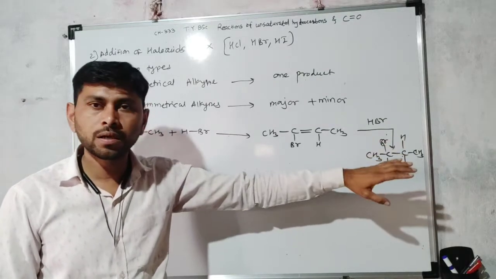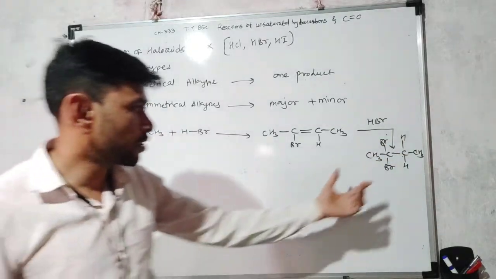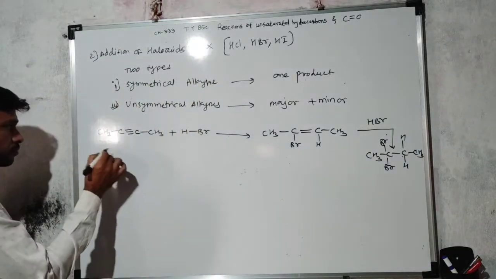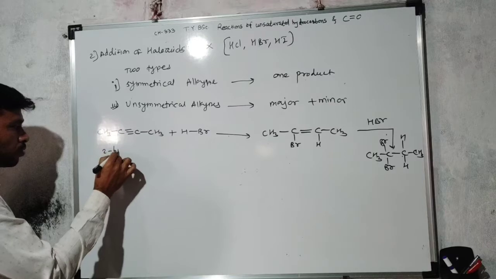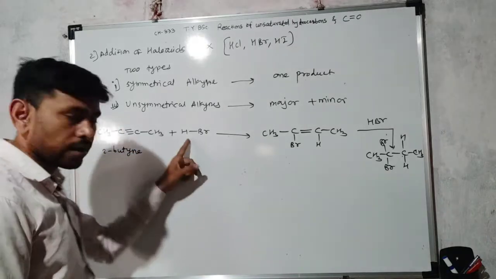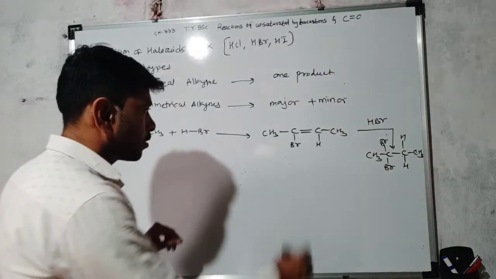When we obtain a single product here, we have taken 2-butyne as a reactant, and hydrogen bromide addition takes place here.